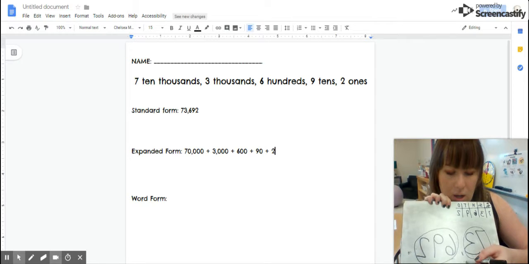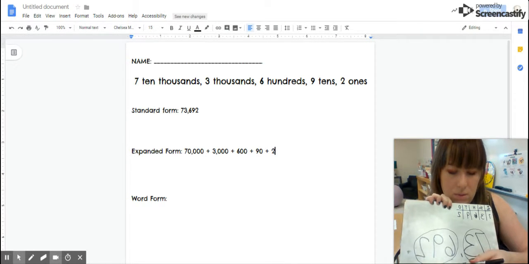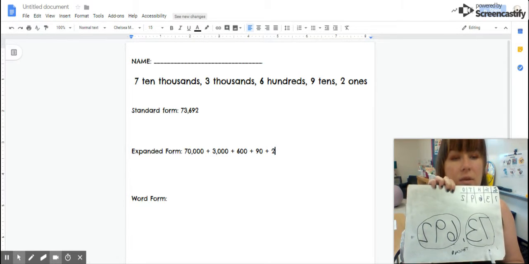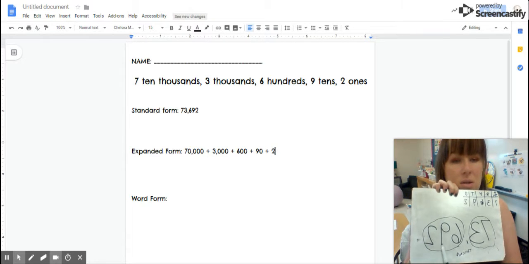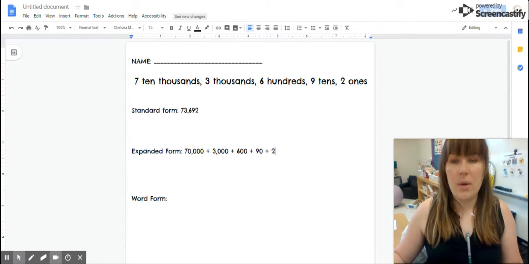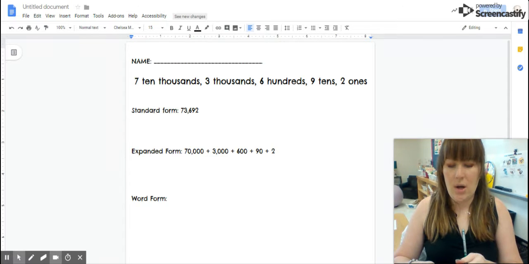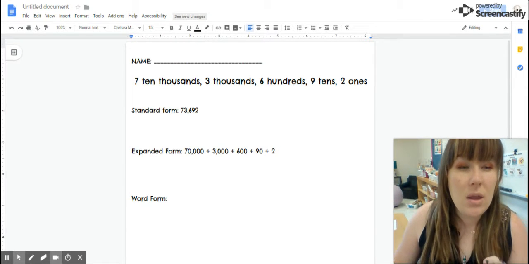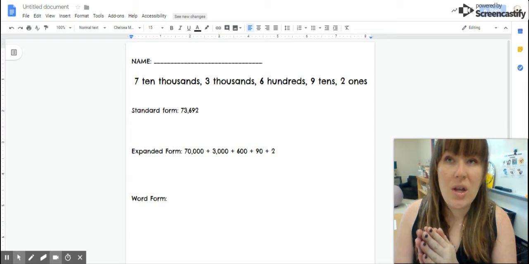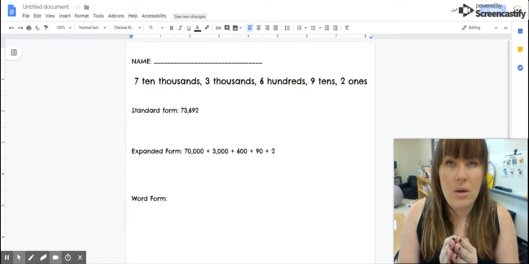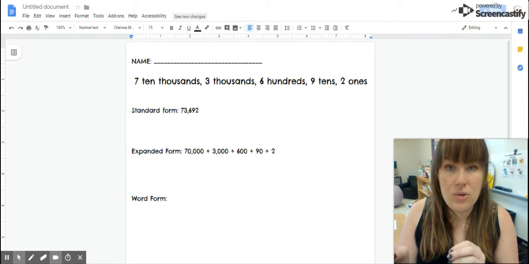Whenever you see the comma, you're going to say the word thousand. So when I read this, I have 73,692. So I'm going to think about the words that I heard myself saying, and start writing them down as I say it. So the first chunk is 73, then thousand, then 692.